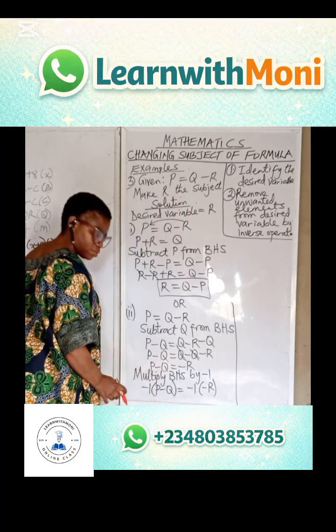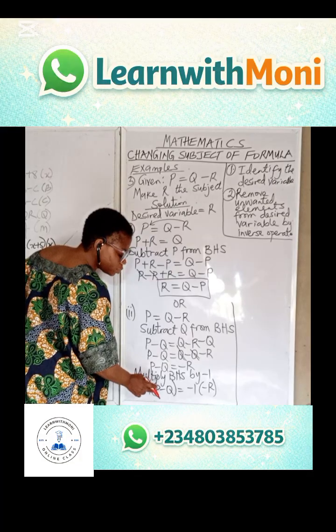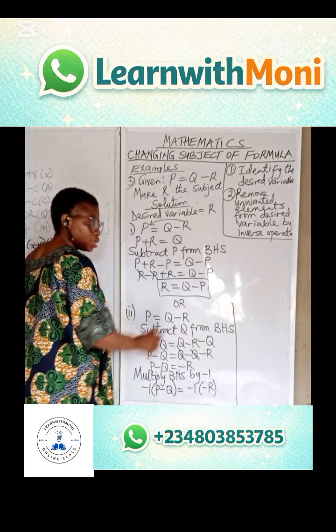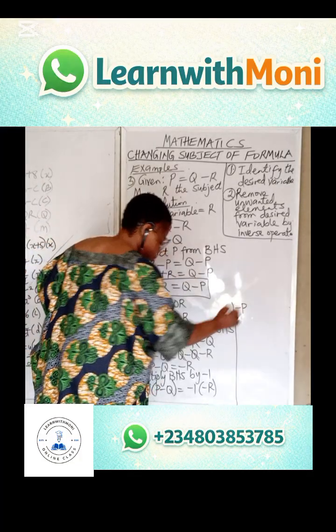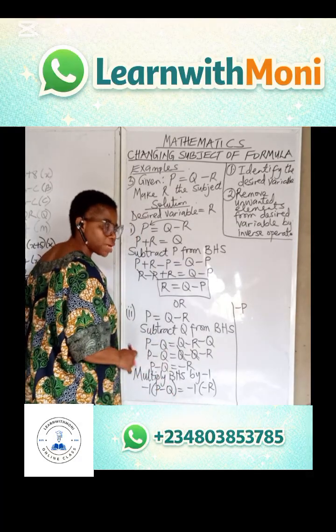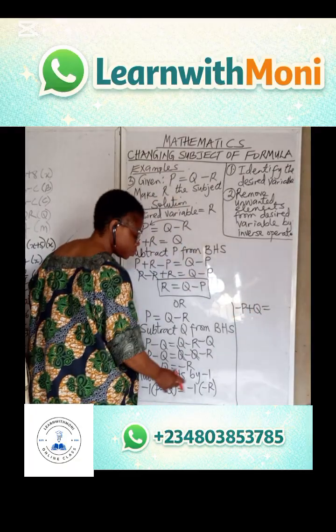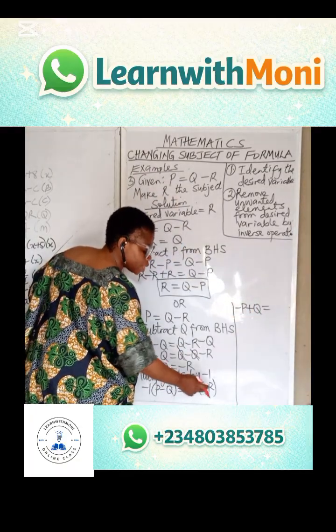Let's remove the bracket from the left hand side. -1 times plus P, that is minus P. -1 times minus Q, minus times minus is plus, that is plus Q, equals minus times minus here is plus.